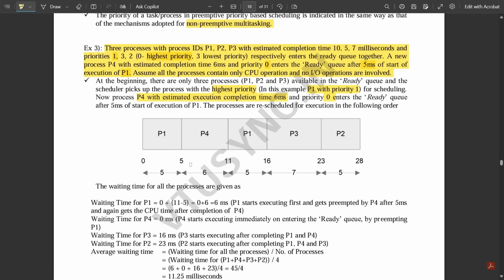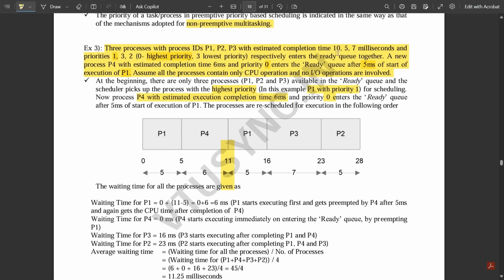After 5 milliseconds P1 is preempted, because the next highest priority is P4, which enters with the highest priority, 0. Its estimated completion time is 6 milliseconds, so 5 plus 6 is 11 milliseconds. At 11 milliseconds P4 is completed.